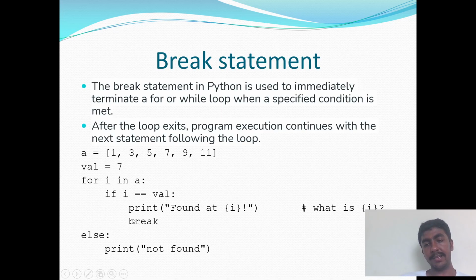Immediately, Python prints found at 7 and exits the loop. Notice something, Python never checks the rest of the elements like 9 or 11, because once the work is finished, there is no reason to continue. This is the big advantage of break. This saves both time and computer resources.